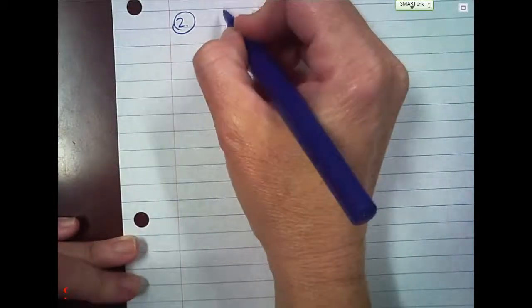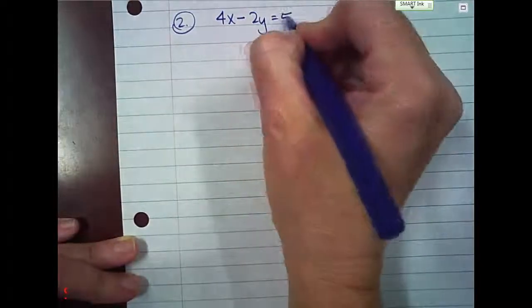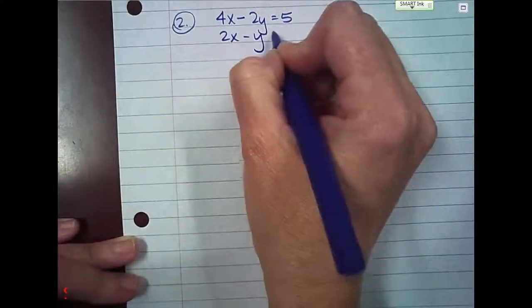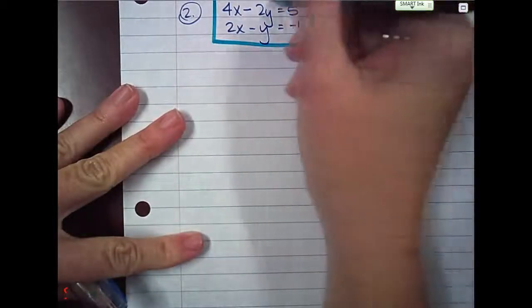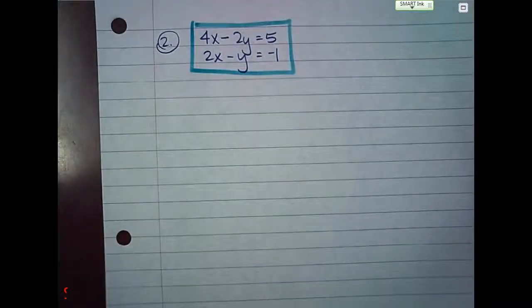Again, solve by elimination. It's elimination, so I need the x's to be the same and the y's to be the same.